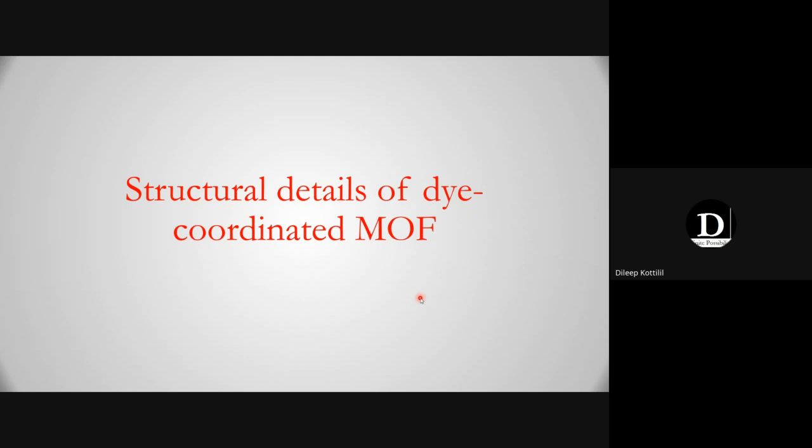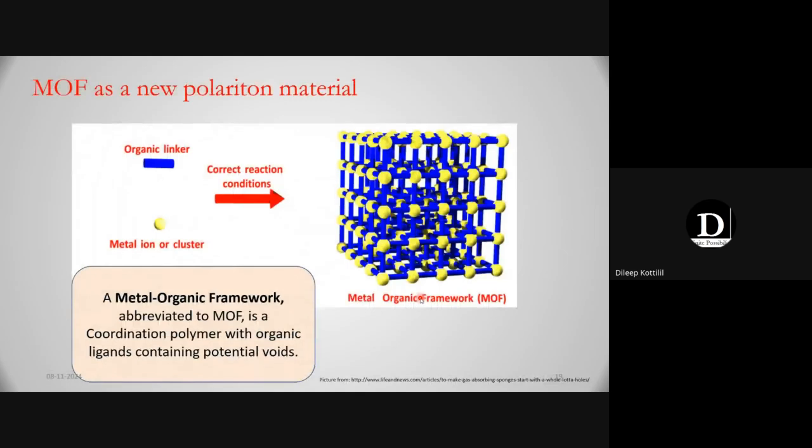We have overcome most of the limitations of this common approach by introducing a new type of artificial material called a metal organic framework, or in short, MOF. MOFs are not actually used for realizing polaritons.